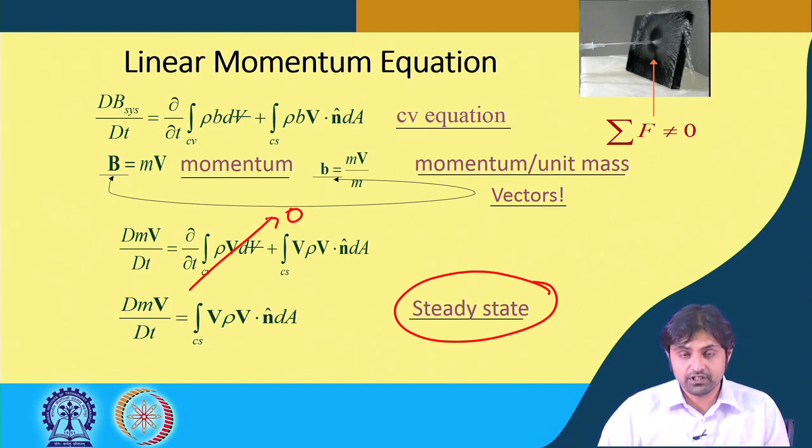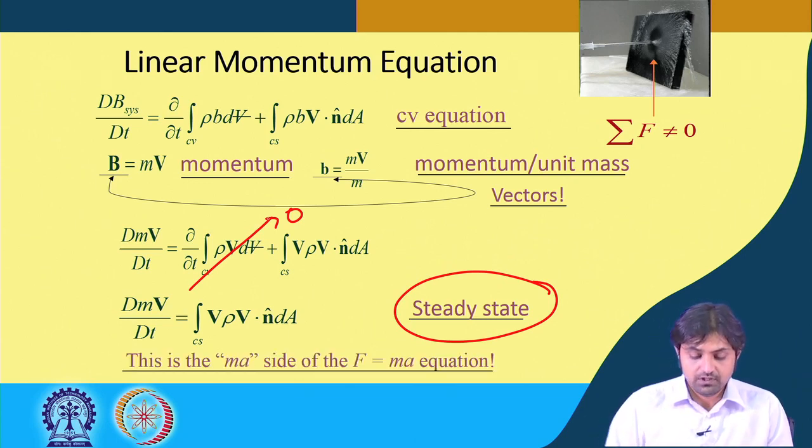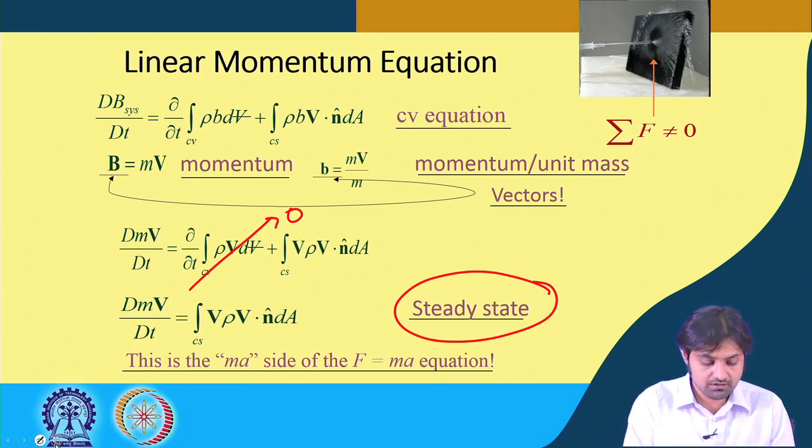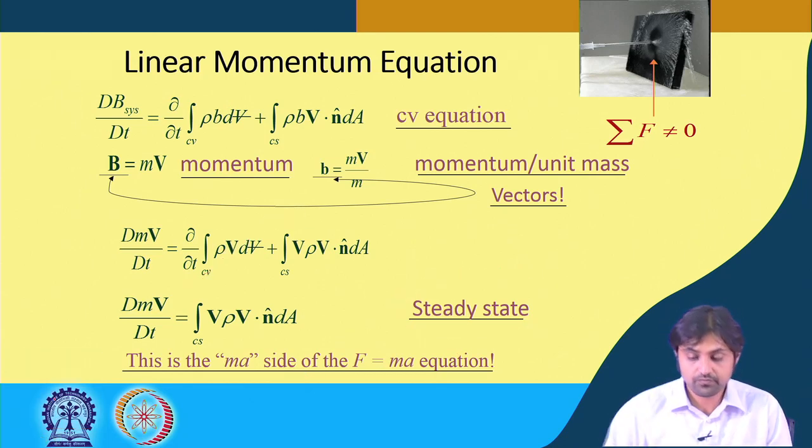The del t of anything is going to be 0 for a steady state solution. So this is the ma side of the F equals ma equation, the mass into acceleration side.